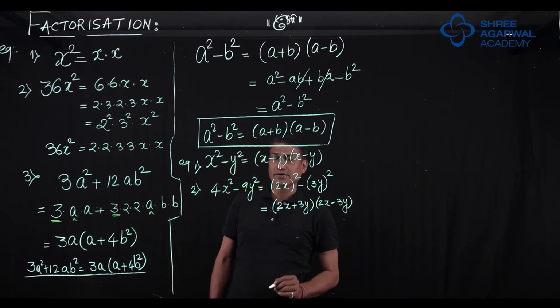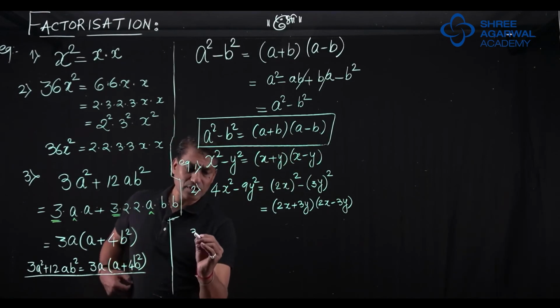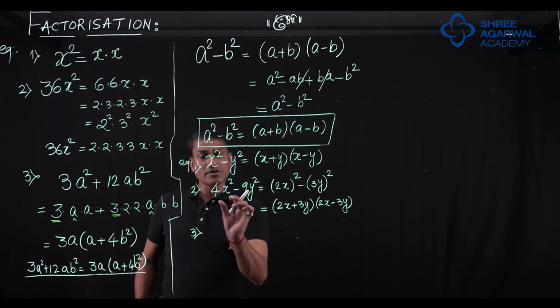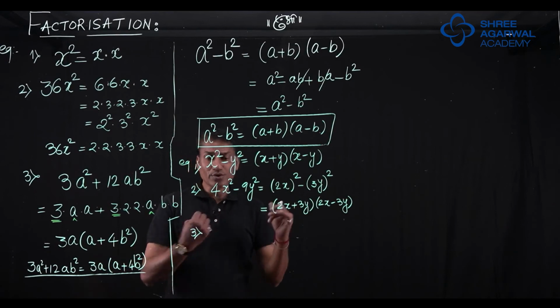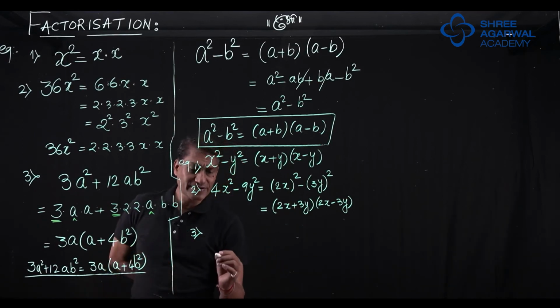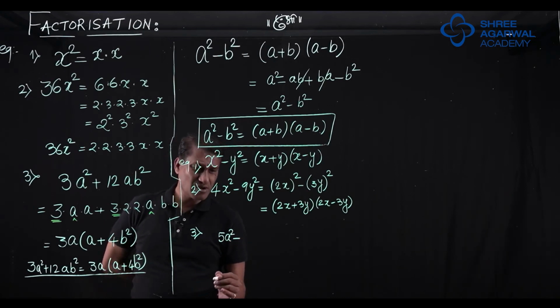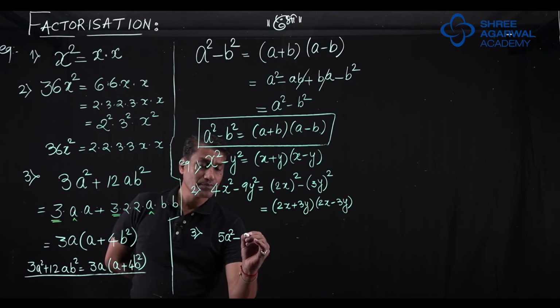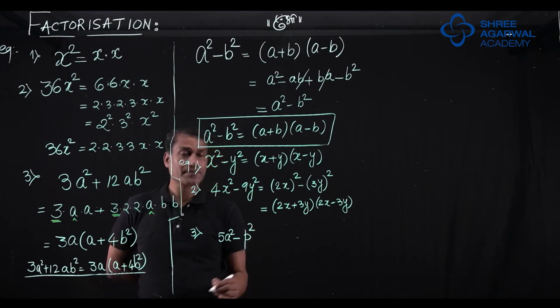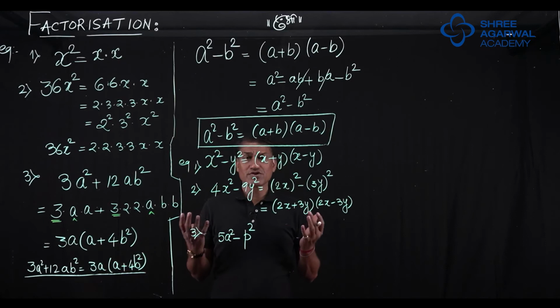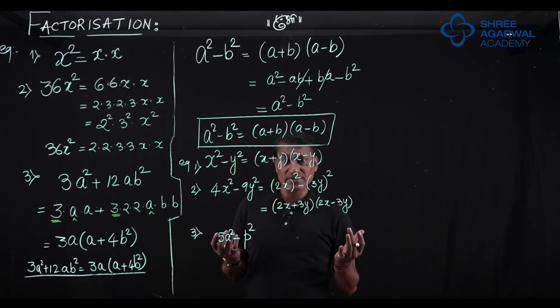Yeah, correct. Let us take another example, third example. Suppose this was a perfect square and we could do it easily. But if they give you like this, 5a square minus p square. Now 5 is not a perfect square, but it is someone's square.